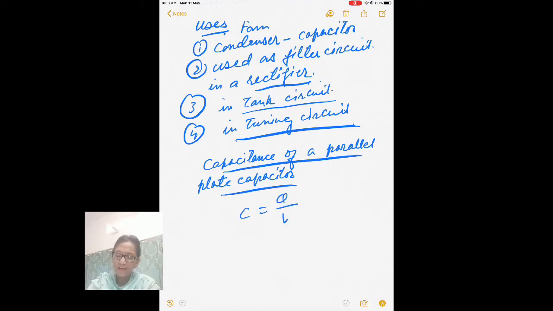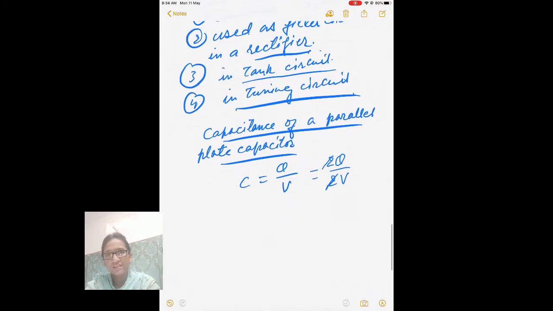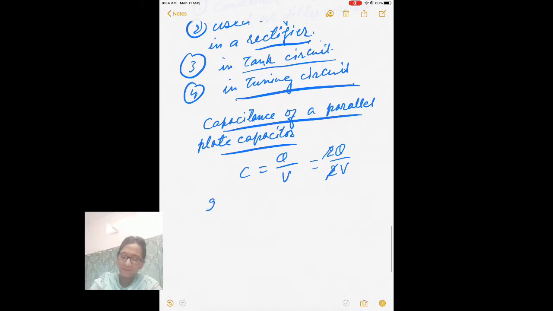You find that when you increase Q, V also increases by the same amount. Suppose Q is increased by 2 times, V is also increased by 2 times, and finally you have the same value of capacitance. So capacitance does not depend on the value of charge and on the value of potential.